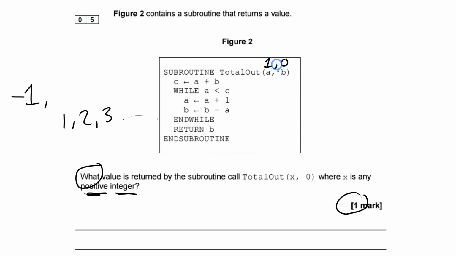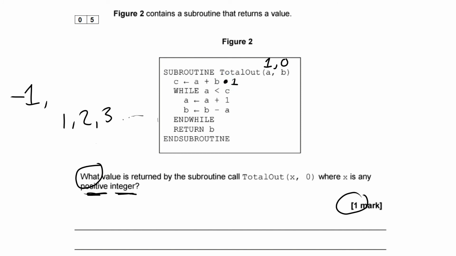It's always good to write that on the question paper so that you know exactly what you're doing. You could do it in pencil if you want to rub it out. So C is A plus B, and A plus B is 1, so we know we've got a 1 stored in there.